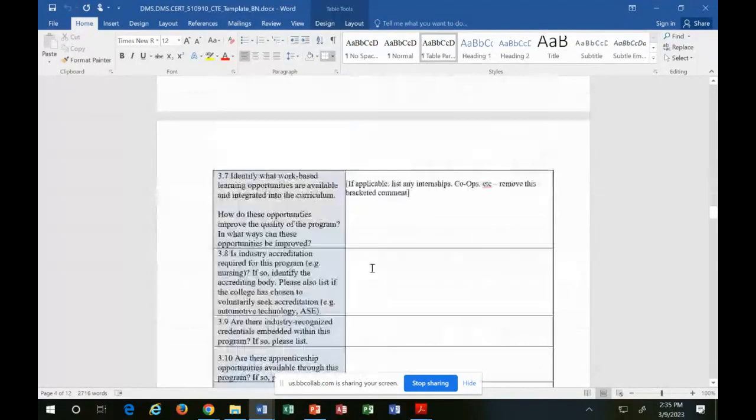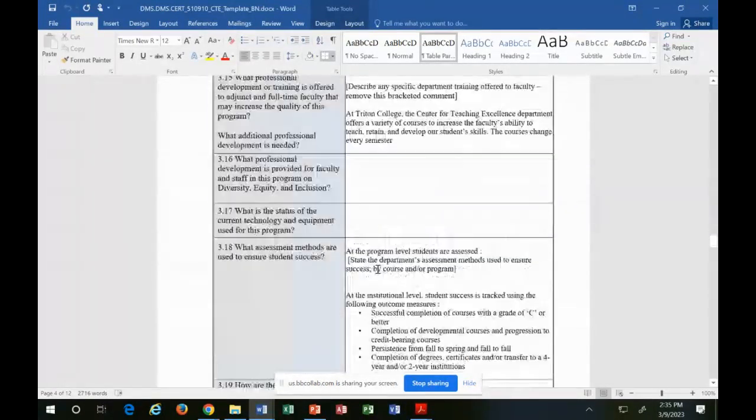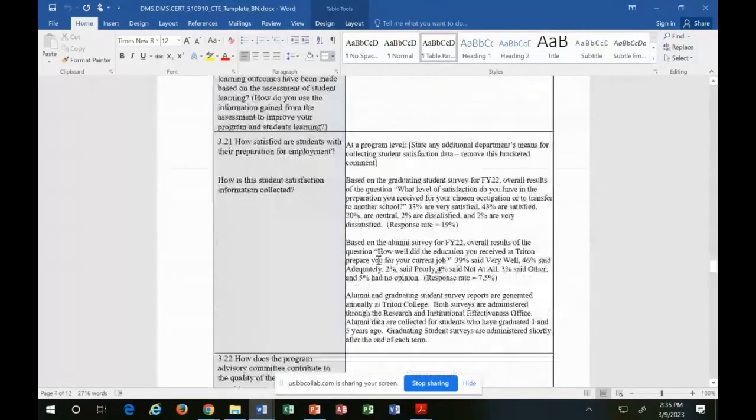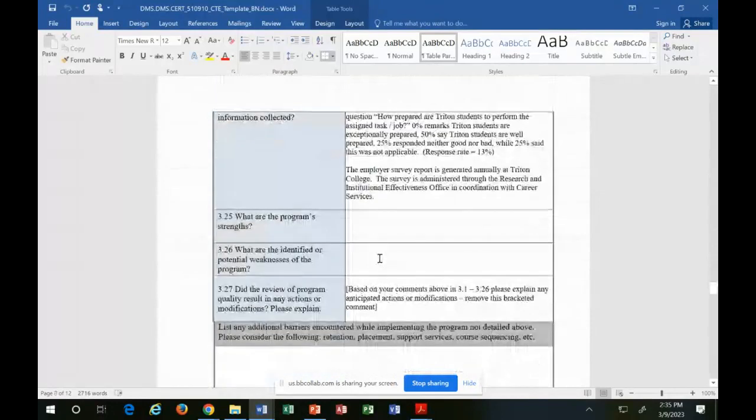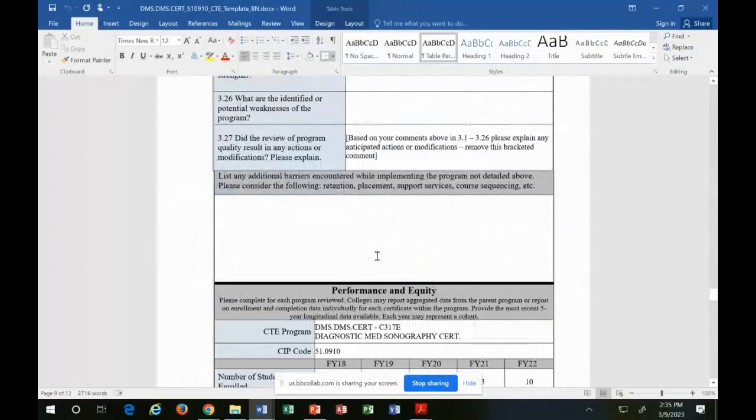And lastly, still under the quality of the program, one of the questions will be: did the review of the program result in any actions? Something that is really difficult, I would say, but interesting to consider is that this is for FY22.